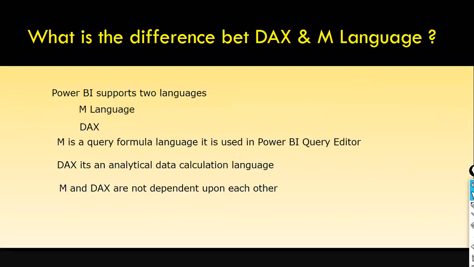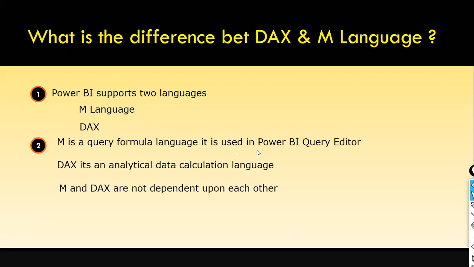Next is the difference between DAX and M language. M language is used only in Power Query Editor, whereas DAX is used separately. You cannot use both in the same place. For example, in Power Query Editor, you cannot use DAX.